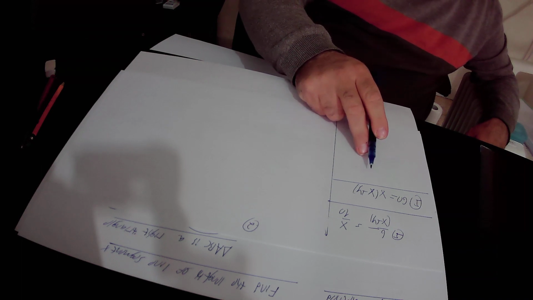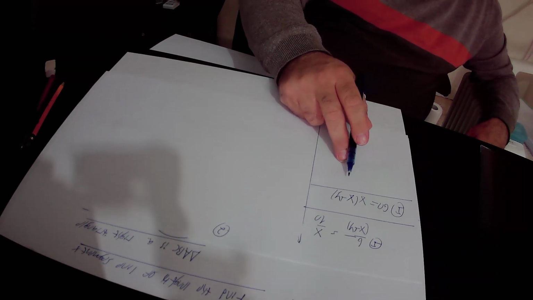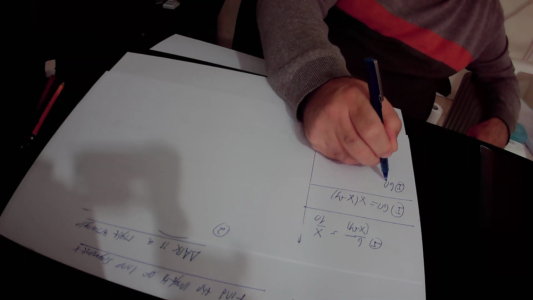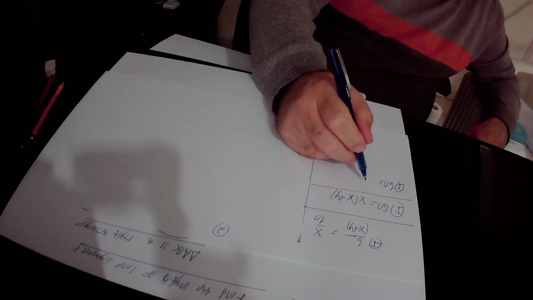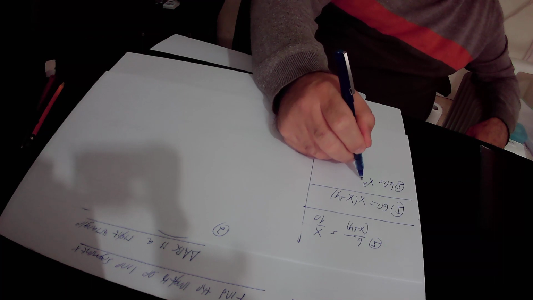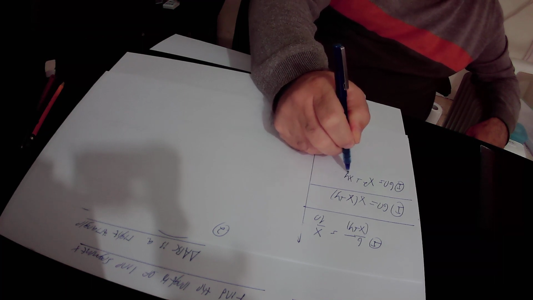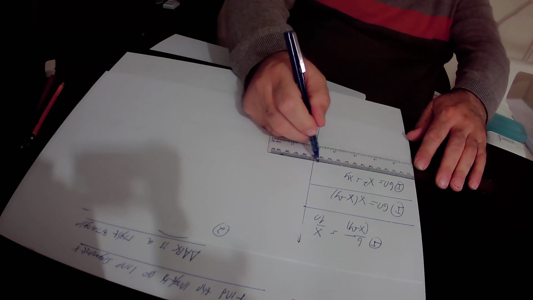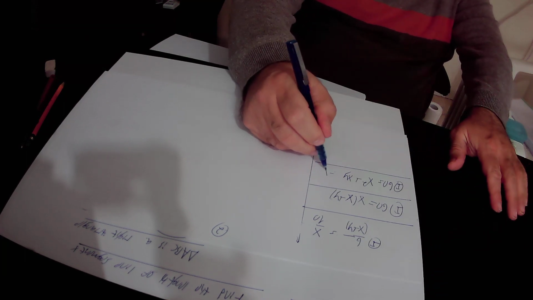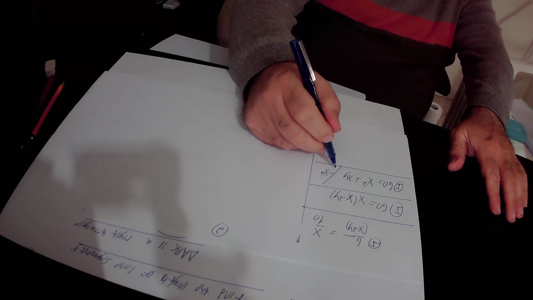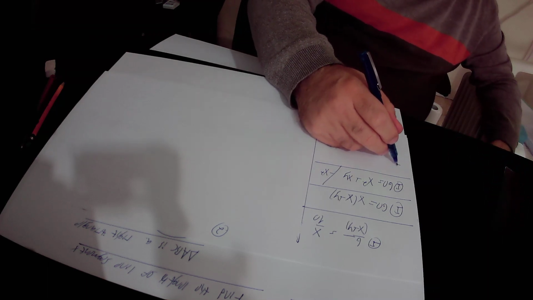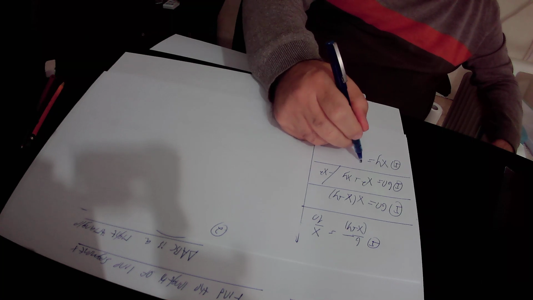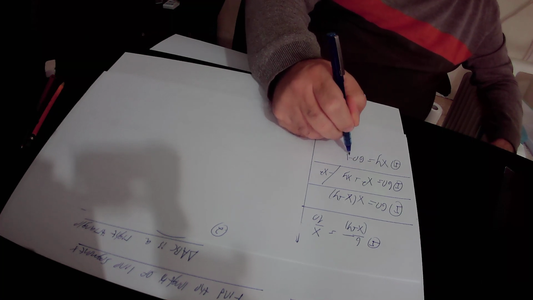Here we'll open the brackets of this side of equation number 1, and we'll get that according to equation number 1, 60 equals x times x is x squared plus xy. Here we will subtract x squared from this equation, equation number 1, and we will get that according to equation number 1, xy equals 60 minus x squared.